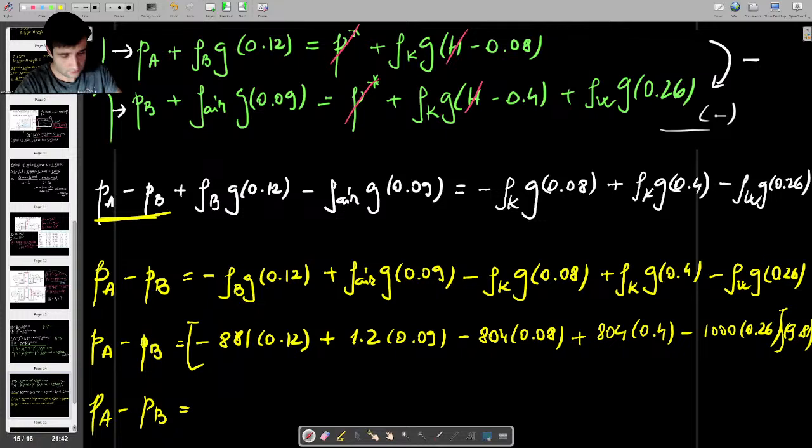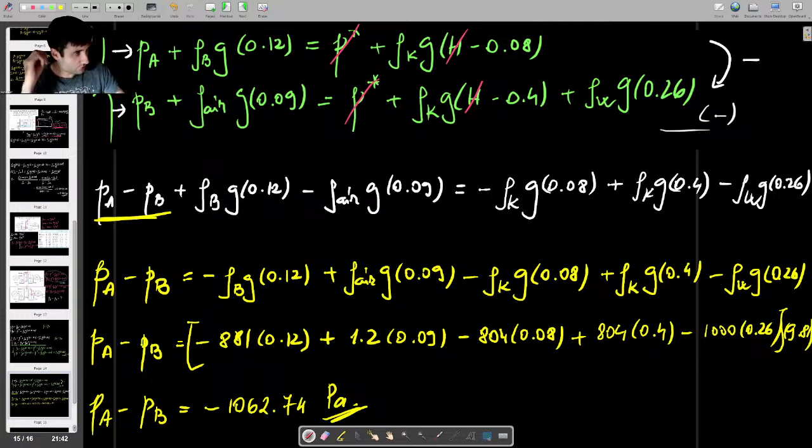Okay, so if we put numbers in, let's see, so 881 times 0.12 plus 1.2 times 0.09 minus 804 times 0.08 plus 804 times 0.4 minus 0.26 times 1000, times 9.81. So I'm getting a value of minus 1062.74 pascals roughly.